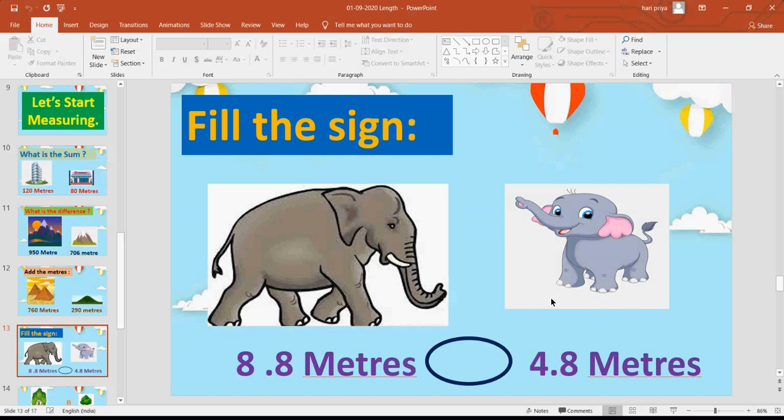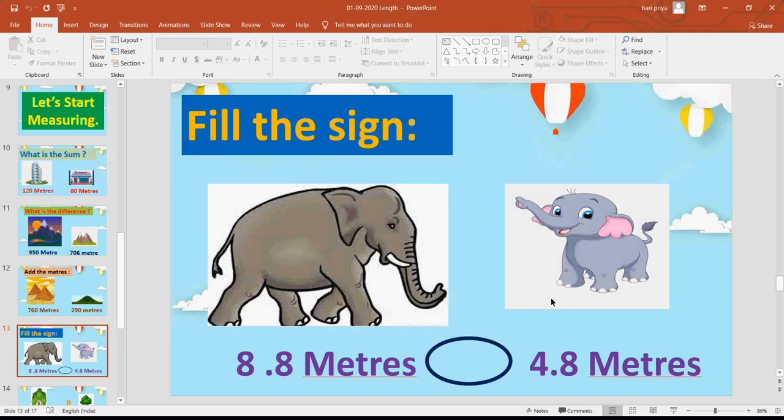The mother elephant is 8.8 meters and the small baby elephant is about 4.8 meters. You will fill the sign with the alligator mouth. See which is the greater number, and the alligator mouth always opens towards the big number, right? So see to that and drop the sign carefully.